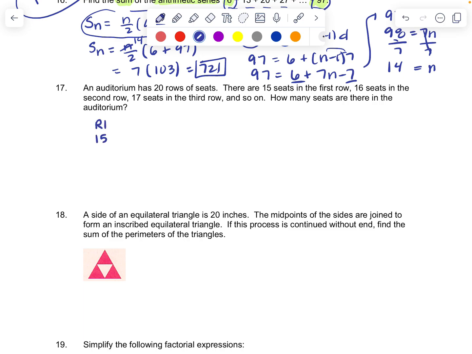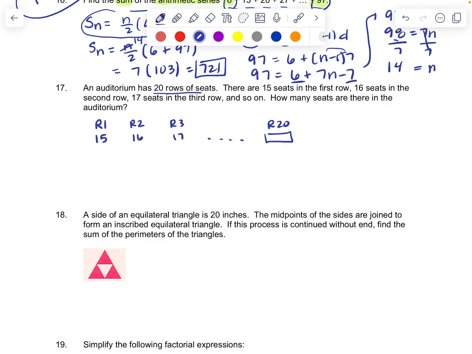There are 16 seats in the second row, so row 2 has 16 seats. Row 3 has 17 seats, and so on and so forth, up to row number 20, which I do not know. How many seats are there in the auditorium?